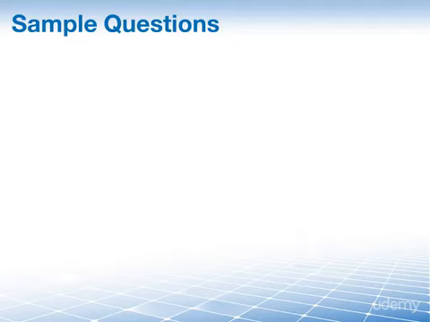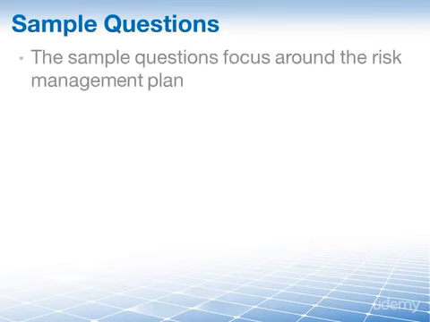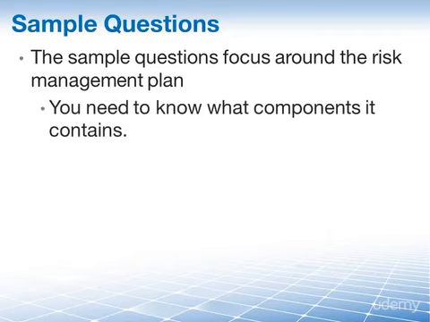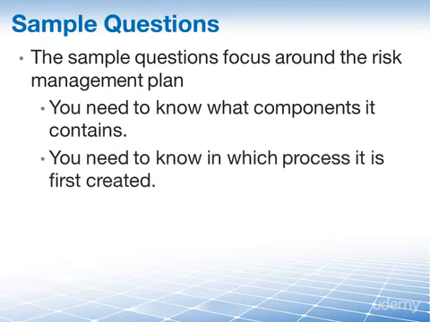And when we talk about sample questions that you will find in books and in online simulators, well, they do focus on the risk management plan itself. That's because this process really has just one major output, the risk management plan. So you need to know the components that it contains. You need to know in which process it is first created, of course, here in Plan Risk Management.